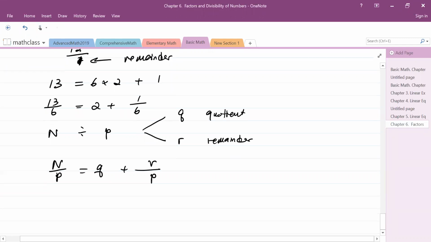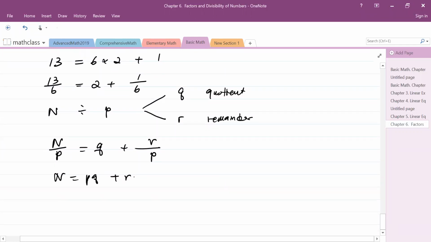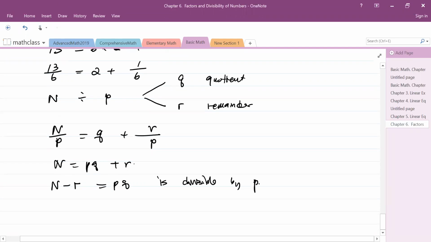You can also multiply both sides by p, so n is going to be pq plus r. Now the interesting part is if we subtract the remainder from the original number, what's left is pq, which should be divisible by p. So this is a general theory.